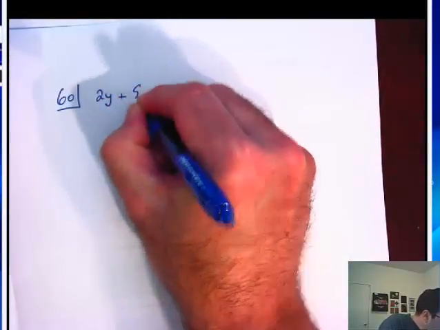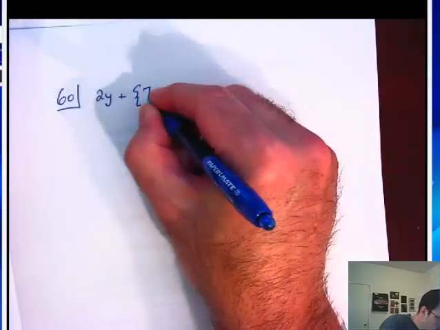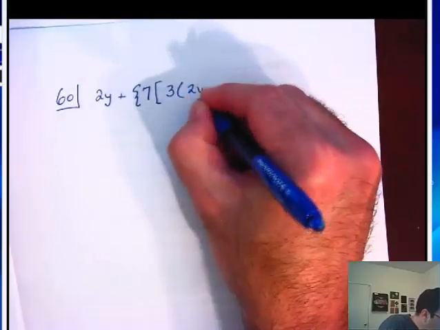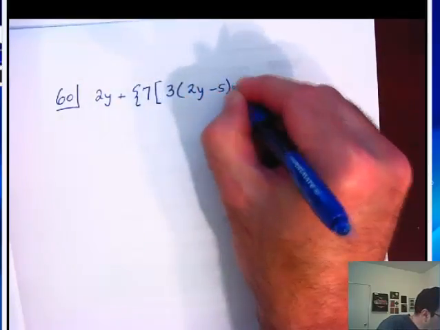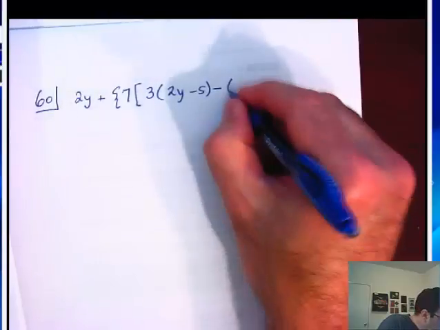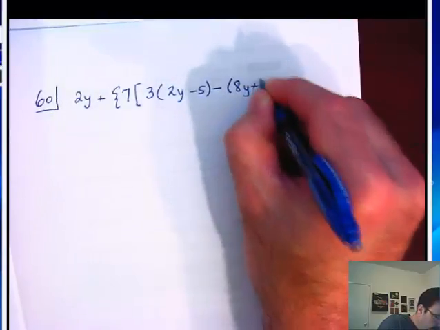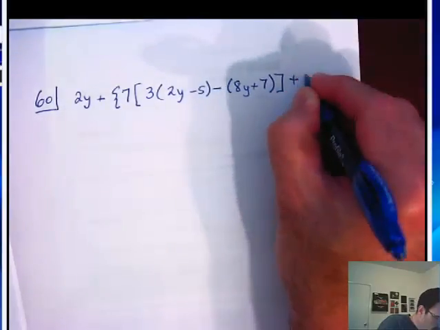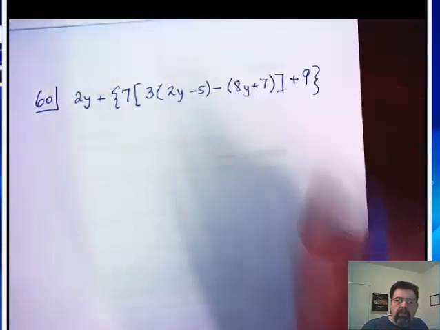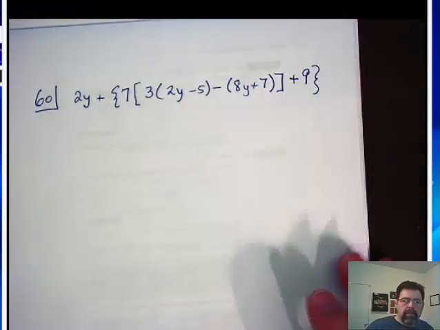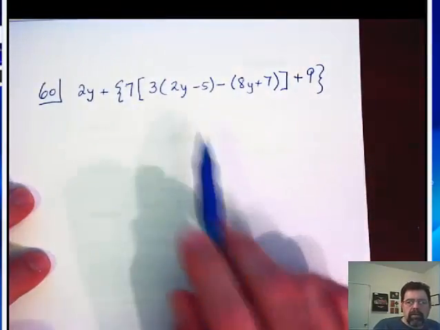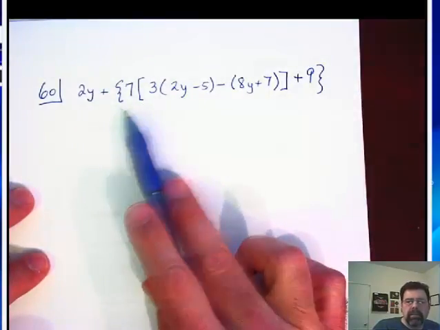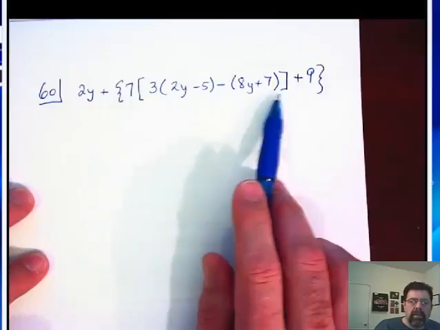So we got 2y plus 7 times the quantity 3 times 2y minus 5 minus 8y plus 7, plus 9. All right, so first off, whether you use parentheses, brackets, or braces, it doesn't matter.